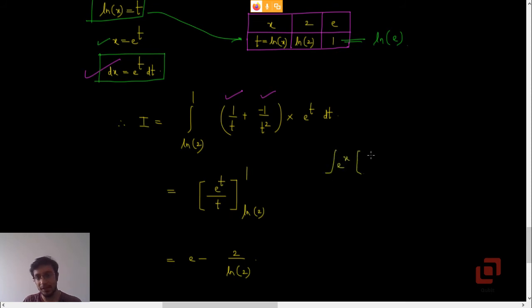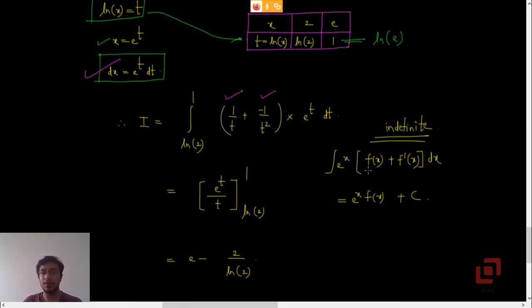Integral e to the power x into f of x plus f dash of x dx is equal to e to the power x f of x. This is a standard problem type in indefinite integral, but all problem types of indefinite integrals can also be framed as a definite integral problem. So here the function is e to the power t into 1 upon t plus minus 1 upon t squared.